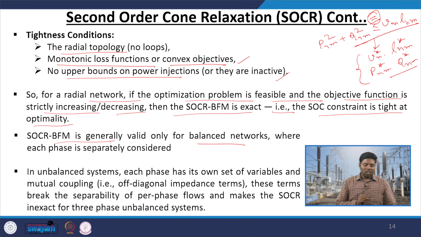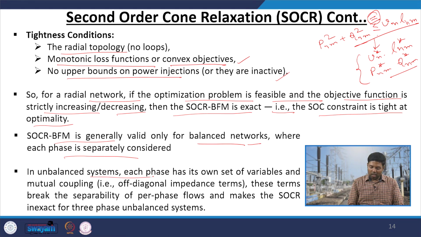But this relaxation is only valid for a balanced network. That is why we started with the balanced model. Why? Because there each phase is separated. When you have mutual coupling among the phases, then you cannot guarantee the exactness in the SOCP relaxation.